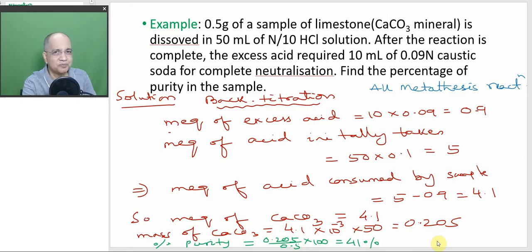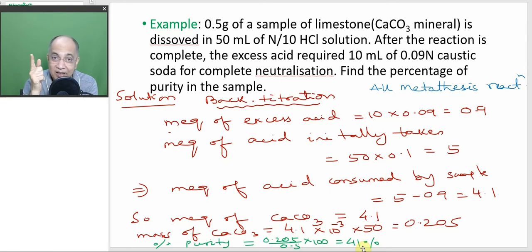But one thing, let us be very, very pragmatic, practical in our approach. Here we presume that the impurities are present in larger quantity, say 59% is impurity, that does not react with acid. That the 59% of the impurity does not consume any acid.